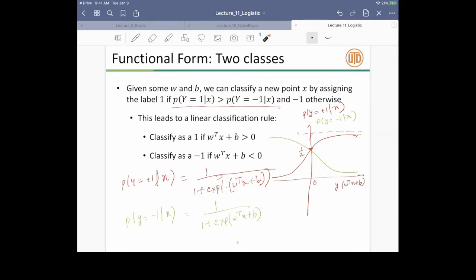So what this is equivalent to is classifying as negative one if w transpose x plus b is less than 0. Sorry, actually I flipped, so this is the negative region.